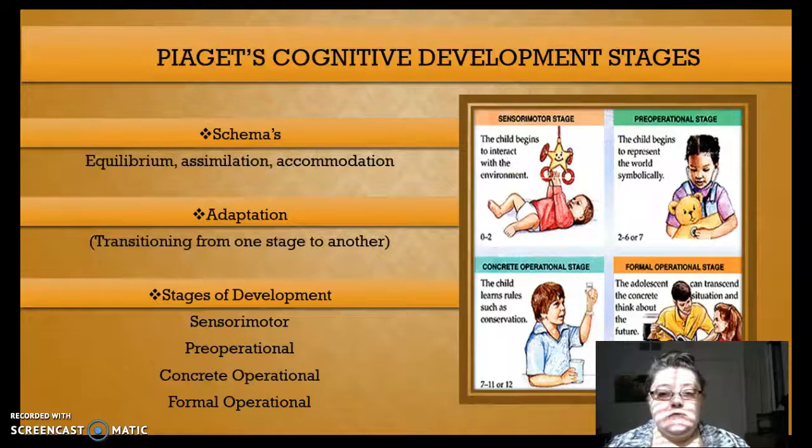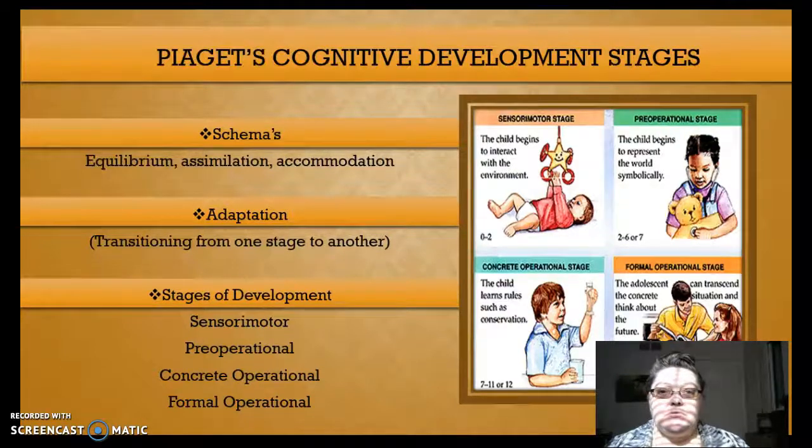In Piaget's cognitive developmental stages, which are also known as a schema, sort of like building blocks, the child develops equilibrium, assimilation, and accommodation, which are cohesive repeatable action sequences that are tightly interconnected and governed by core meanings.